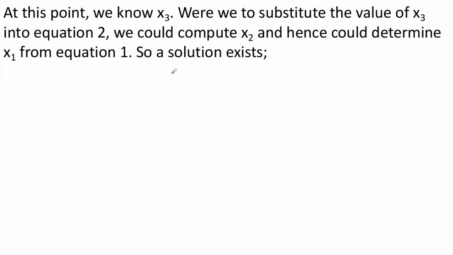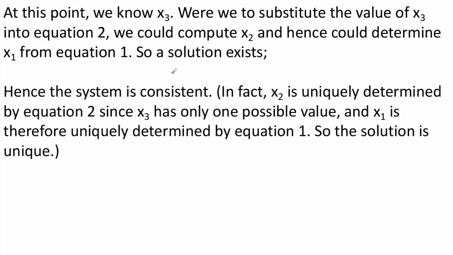At this point, we know x3, where we substitute the values of x3 into equation 2, we could compute x2. We had seen that, and hence could determine x1 from equation 1. So solution exists. Hence the system is consistent. In this way also we can check.